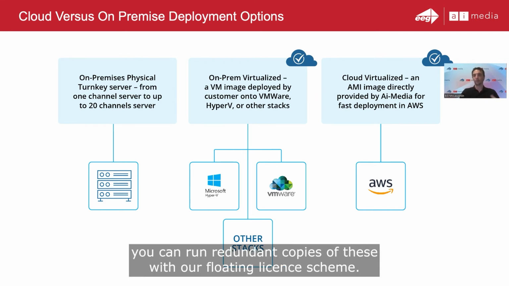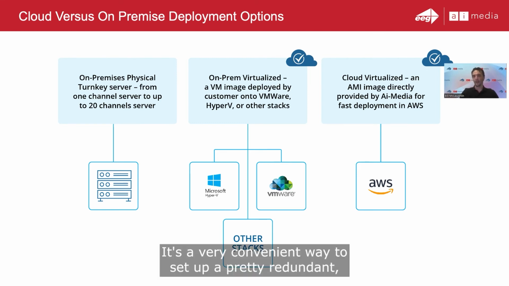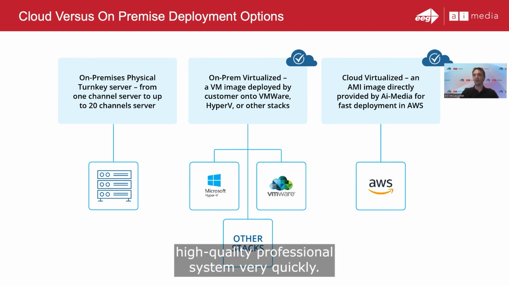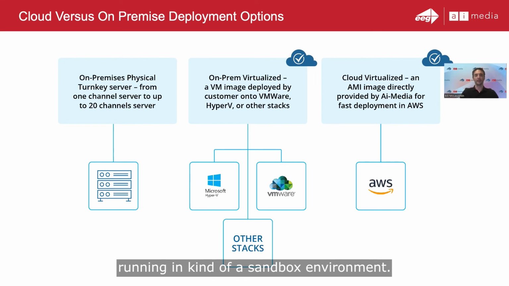You can run redundant copies of these with our floating license scheme. It's a very convenient way to set up a pretty redundant, high quality professional system very quickly. And if you're familiar with these systems, it's pretty fast to set up a demo too, and just get something running in kind of a sandbox environment.